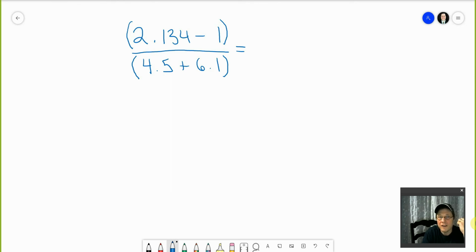First of all, I have to know how much is the numerator. I can't figure out how much it is of the denominator until I actually know what the numerator is. So anytime you have unsolved arithmetic numbers as a numerator or denominator, put brackets around them to solve them first.